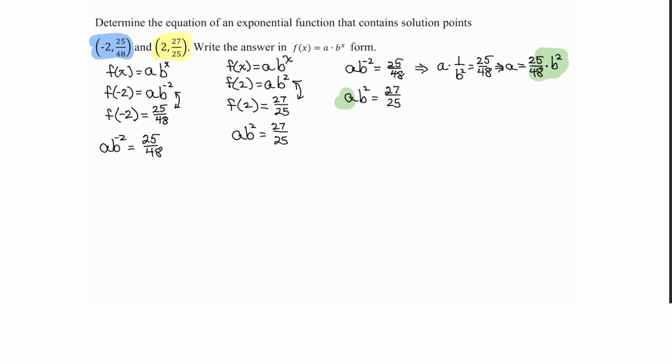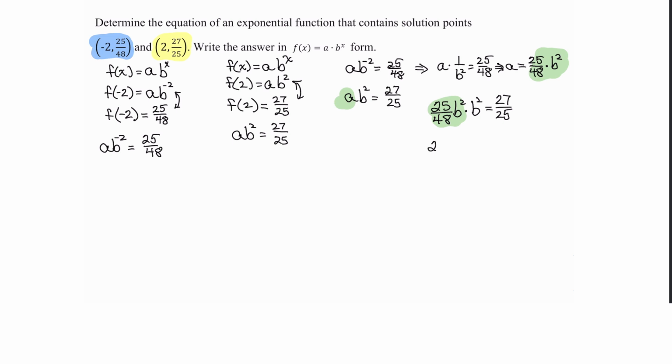So that gives us 25/48 b squared, and then times the b squared, that is the other factor in the equation we're plugging it into. So that's the a that we plugged in, and then times the other factor that's there, and that equals 27/25.